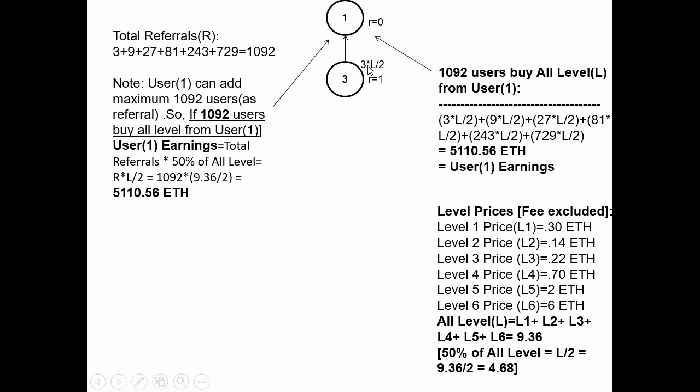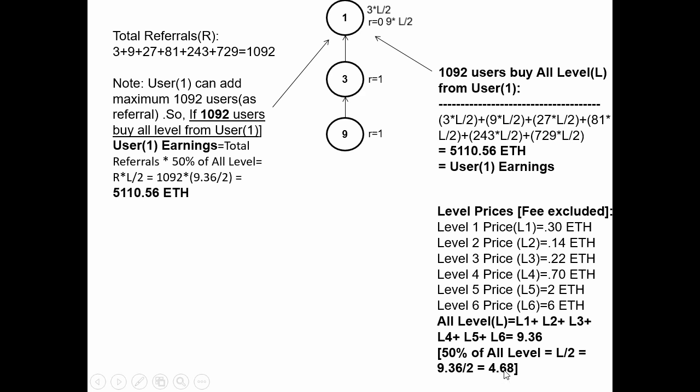Here you can see 3 times L by 2, that means 4.68 into 3, 3 L by 2. This user 1 will get like this. And now if user 1 adds 9 people in his second level, and the 9 people buy all the levels from him, then all money will go to this user 1 like this, plus 9 times L by 2.